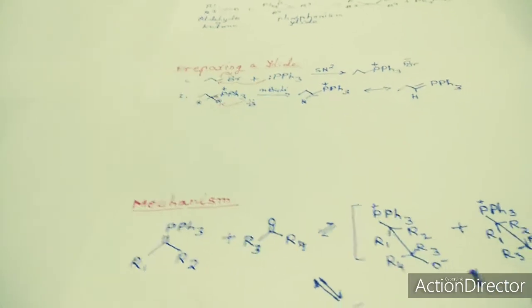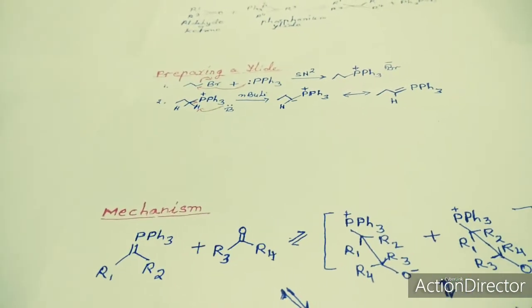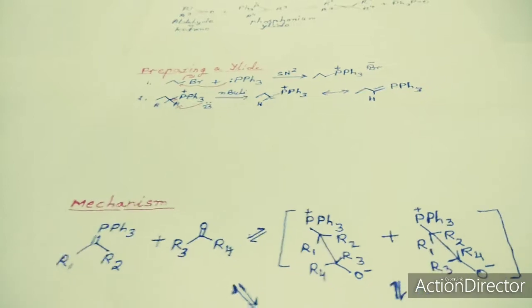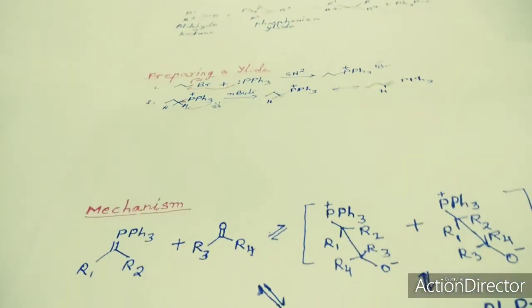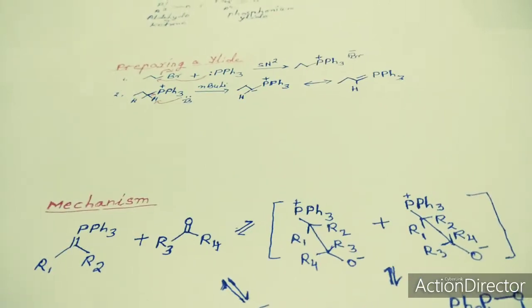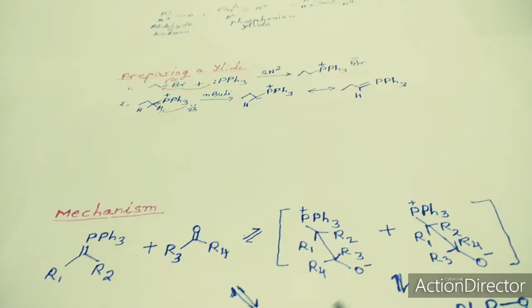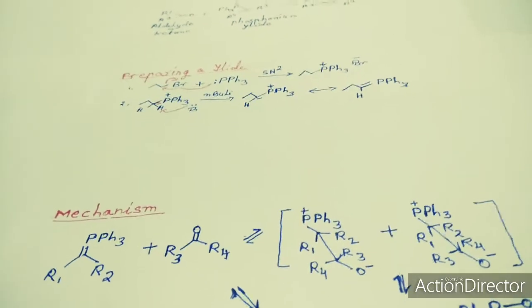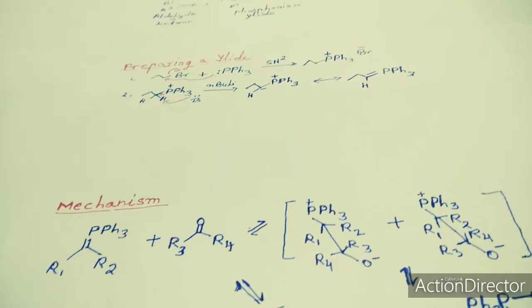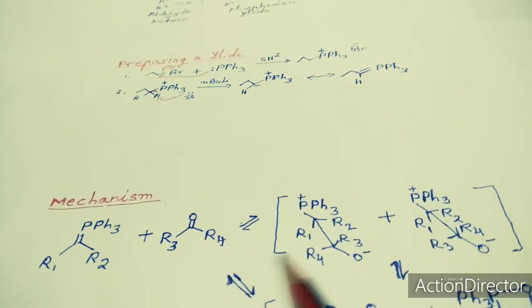Here a ketone has been shown, so it can be either of the two. As we can see, as the mechanism proceeds, the ylide carbon will have a negative charge, because the electrons are shared here.